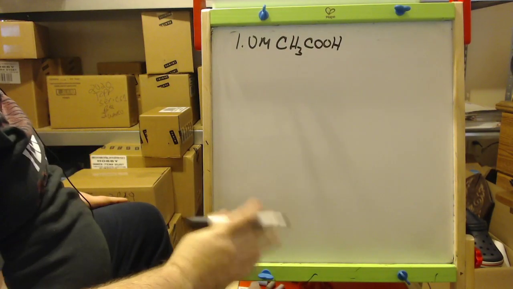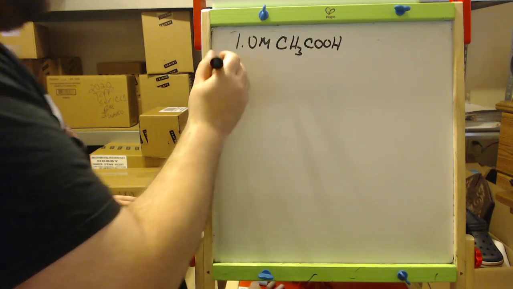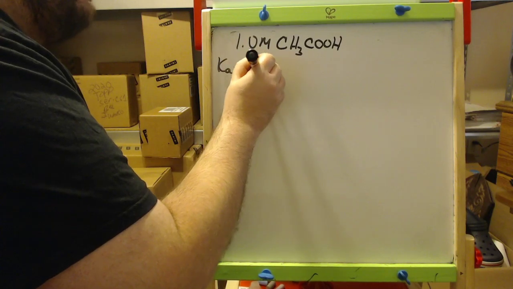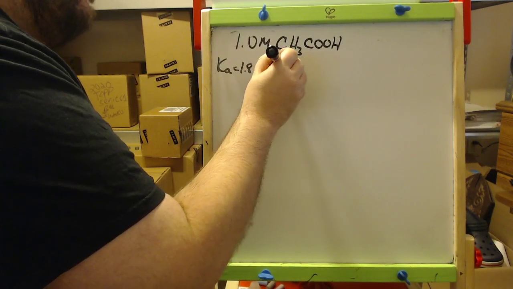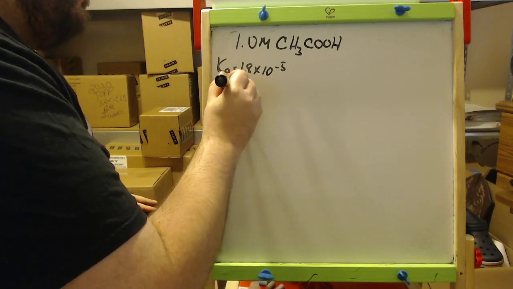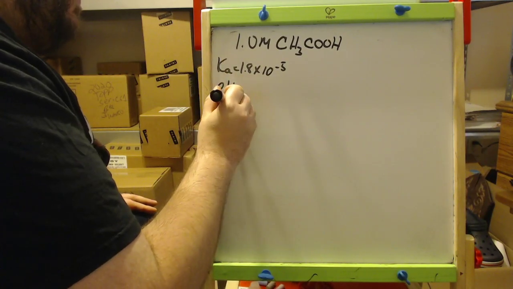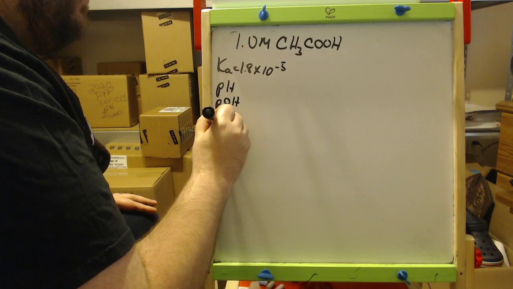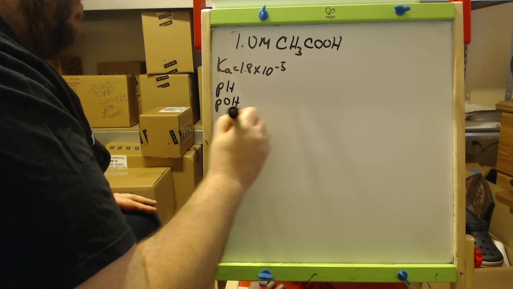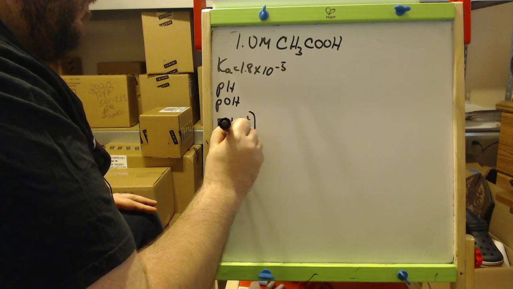They tell you that the Ka is 1.8 times 10 to the negative fifth, and they want to know the pH, the pOH, the concentration of hydronium, and the concentration of hydroxide.